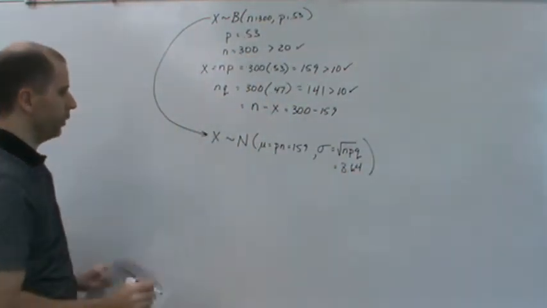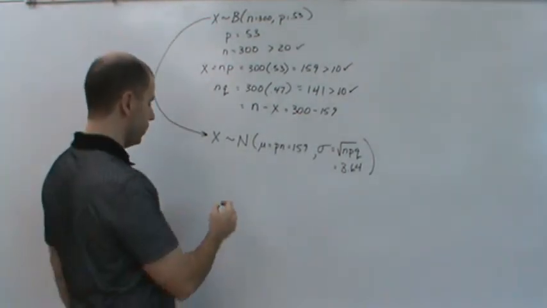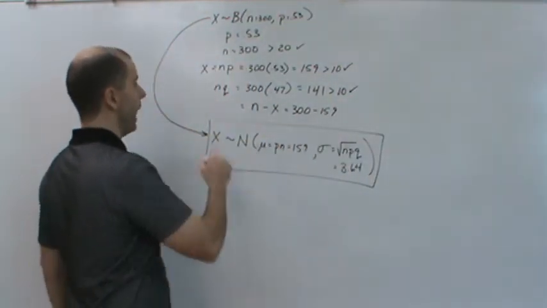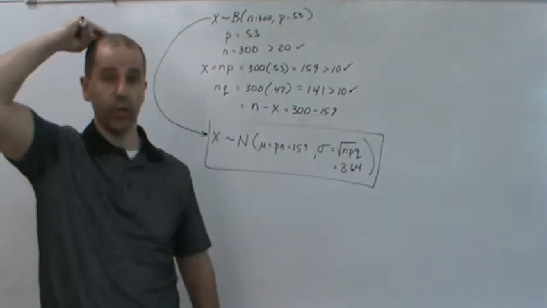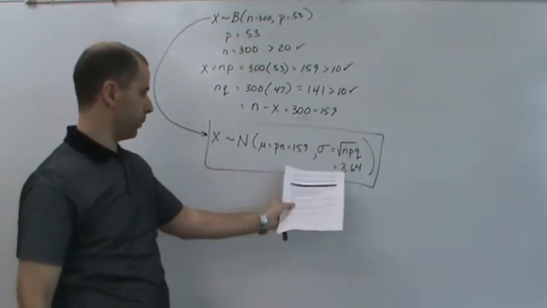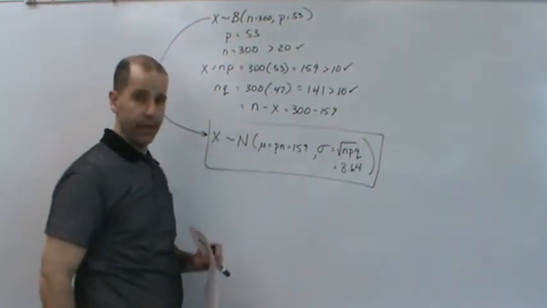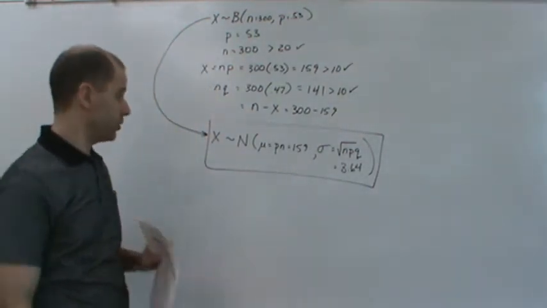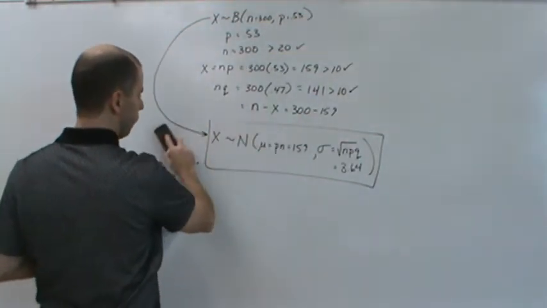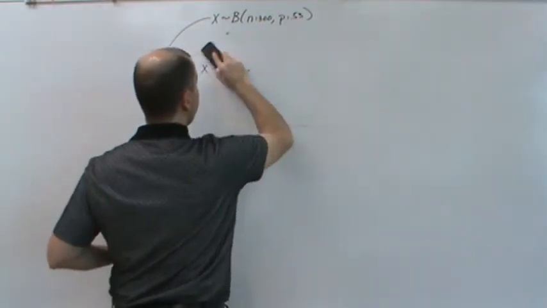Okay, so the next questions that we're going to answer are going to use this information. So we're not using anything from binomial. We're going to use normal as an approximation, and this is what we're going to use for the parameters. We're going to use a mu of 159 and a standard deviation of 8.64. So let's rewrite this.